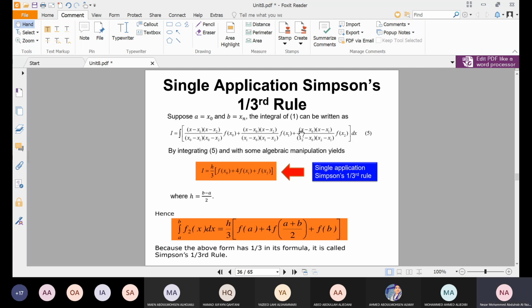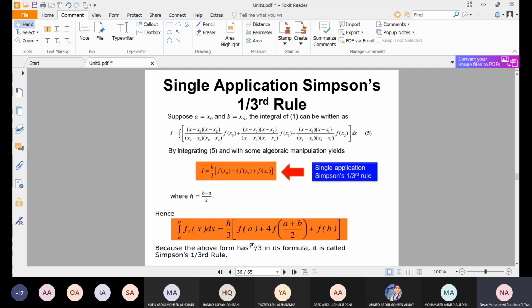Okay, how do we get this form? From this one, by using the Lagrange polynomial. This integration, we represent the function in terms of a second order polynomial. After that, by taking the integration of this term and substituting b and a instead of x, at the end we get this result, where h is equal to b minus a over 2.